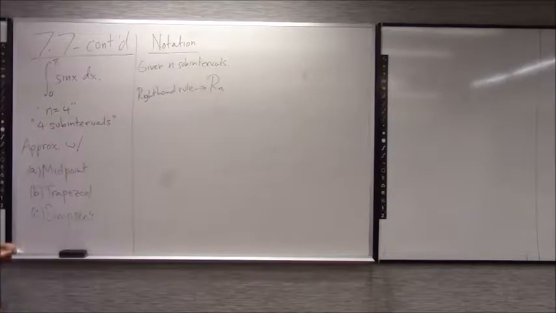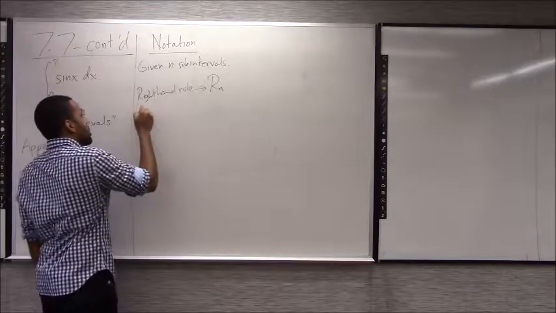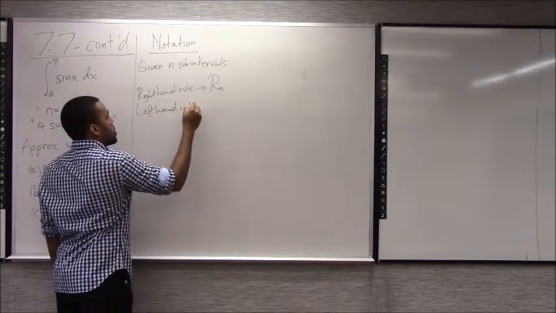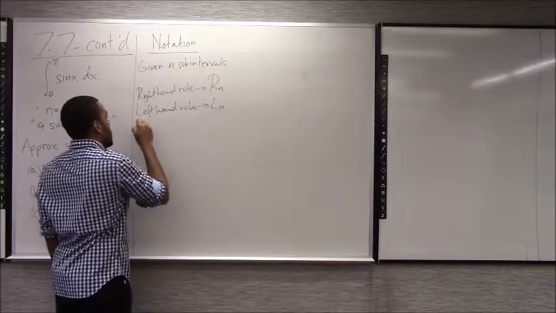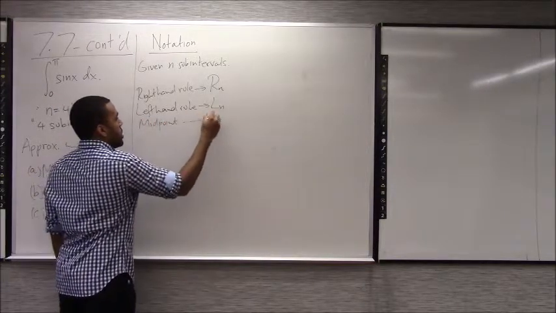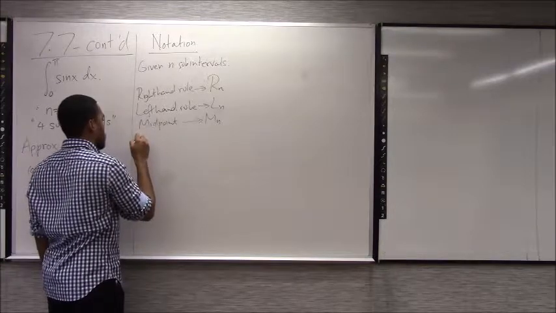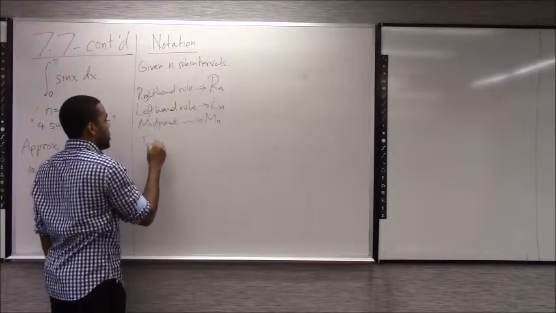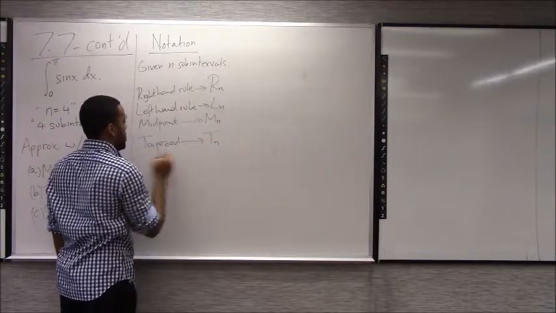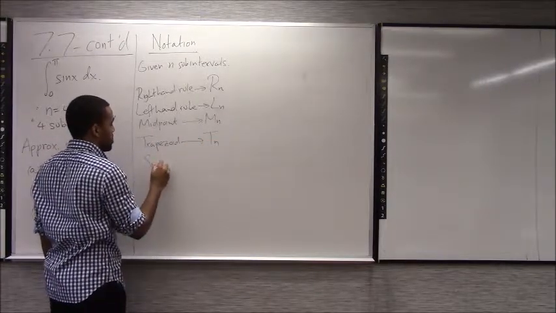So I might just use that notation. R sub n equals blah. Or left-hand rule, L sub n, midpoint rule, I'll use M sub n, trapezoid rule. And your textbook uses this notation as well. They use T sub n, and Simpson's rule.